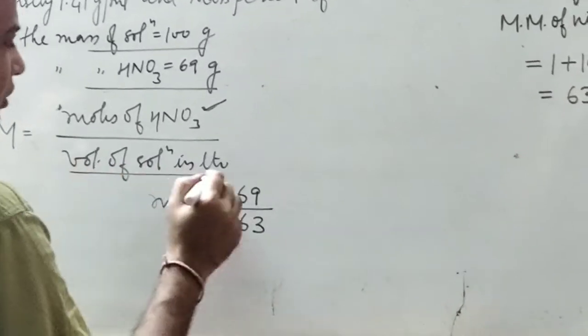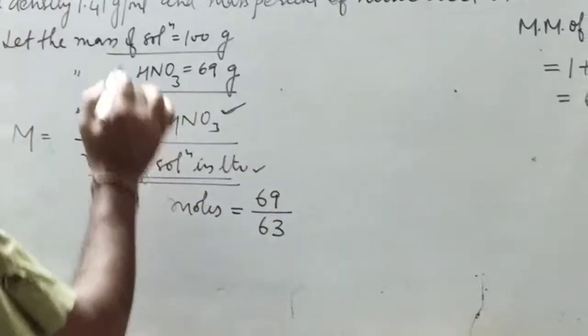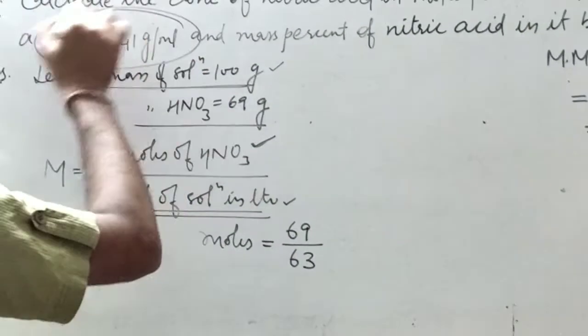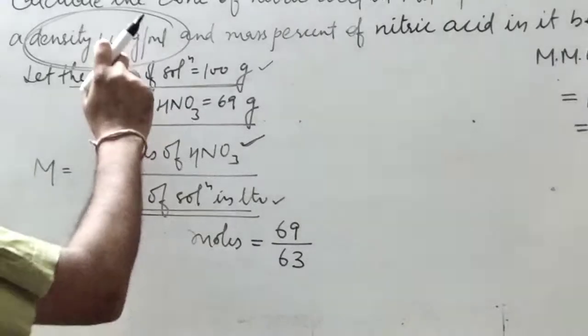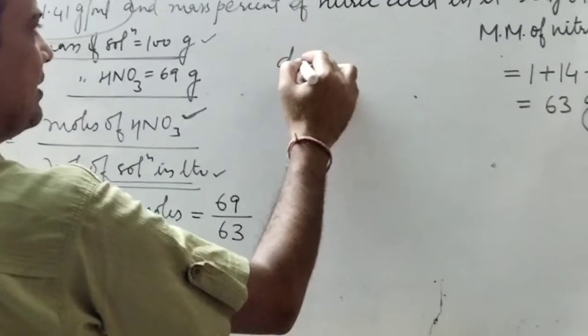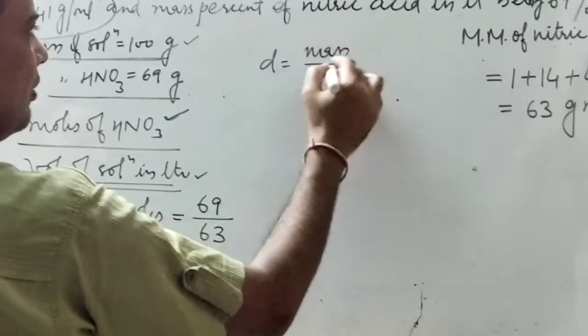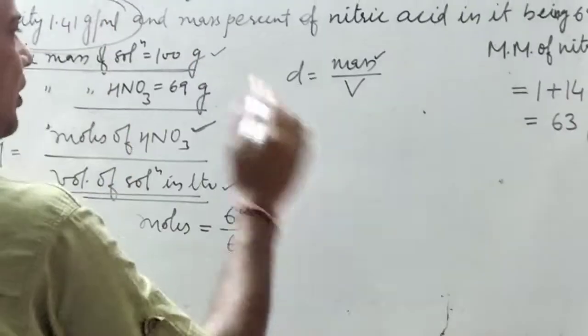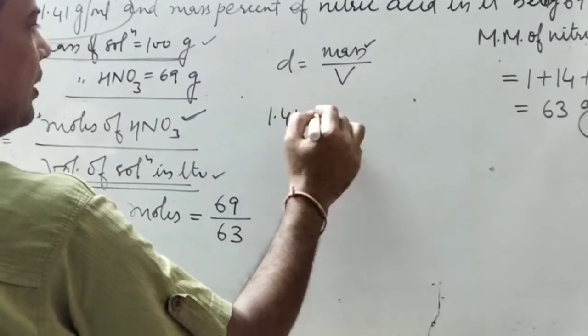And how will you calculate the volume of solution in liter? Mass of solution we have let 100 gram. Density is given, 1.41 gram per milliliter. Using density and the mass, you can calculate volume. You know density is given as mass upon volume. So mass is 100 gram, density 1.41 gram per milliliter.